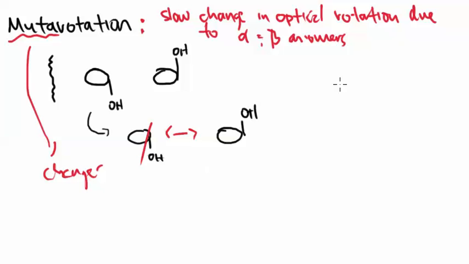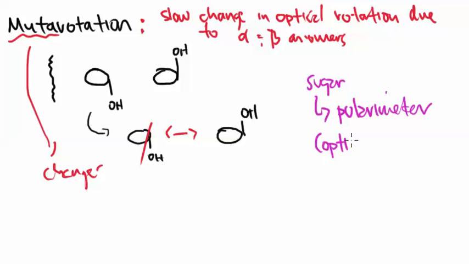So that means that it's not uncommon for a sugar to be placed in a polarimeter, and this polarimeter, of course, measures optical activity. If we place that sugar in a polarimeter, in the beginning it will give us an optical rotation.